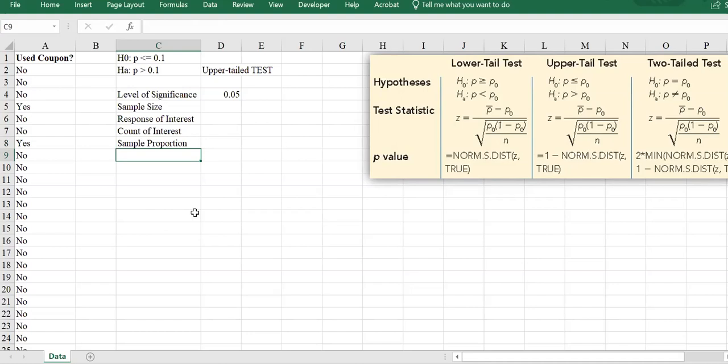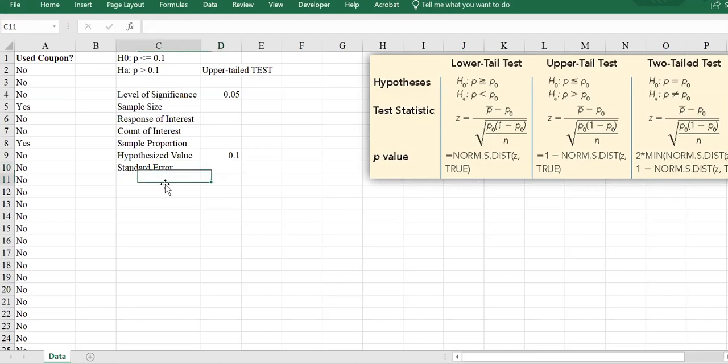Then we need the hypothesized value for P, which is P0, and it would be 10%. So I just typed 0.1. So we have P0, we have P bar. We can go ahead and find the standard error using the hypothesized value.